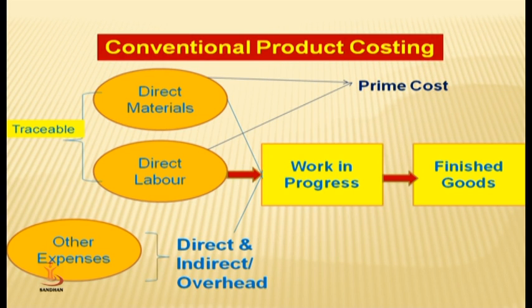They are aggregated together to get the semi-finished goods, also called work in progress. And finally, after further process, we get the finished goods, a final product. This way, we calculate the cost of a product in the conventional or traditional way.